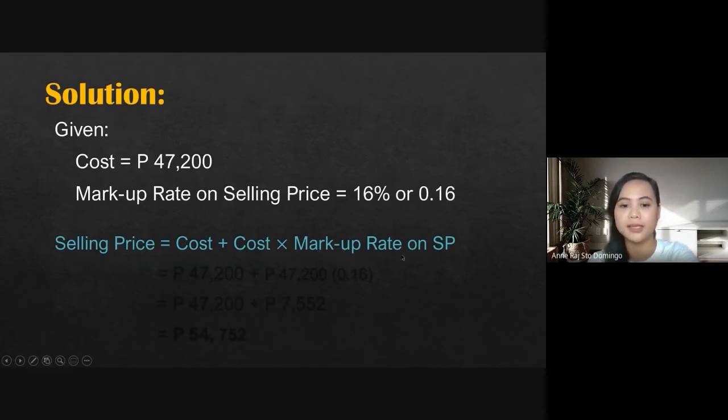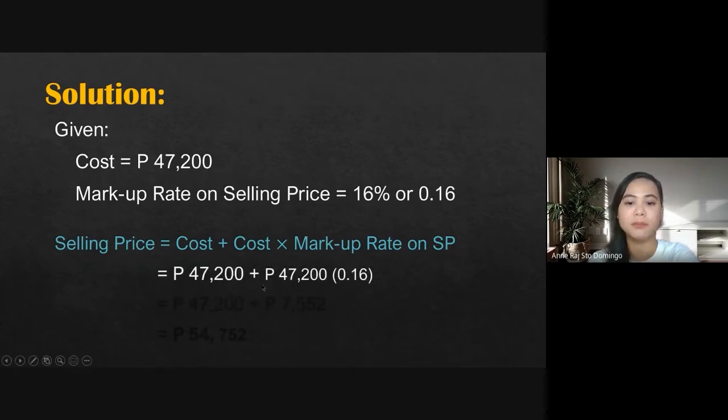So we have 47,200 plus 47,200 multiplied by 16%. So we have 47,200 times 0.16. What is the answer? What is our markup? The increased price? Anyone? What is the markup? Just multiply 47,200 by 0.16.